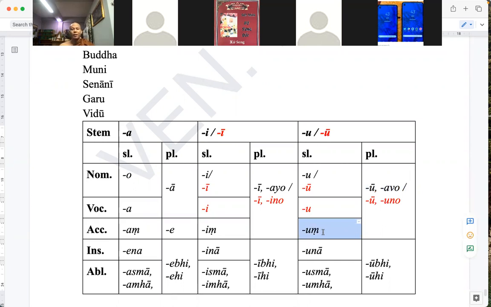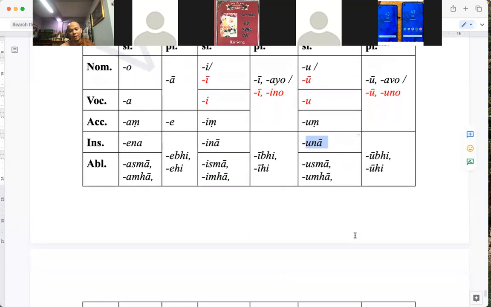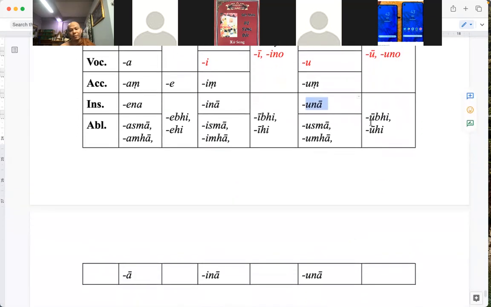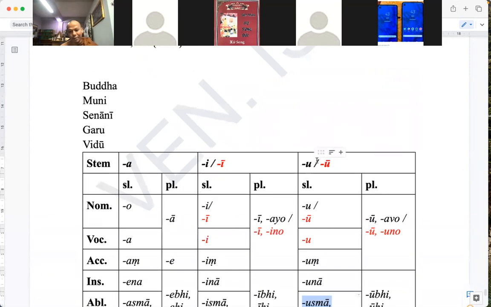And the plural, Garu, Garawo. Okay. And the instrumental, Garuna. For plural, Garubi, Garuhi. And the ablative, Garusma, Garumha, Garuna. For plural, Garubi, Garuhi. Okay, great.